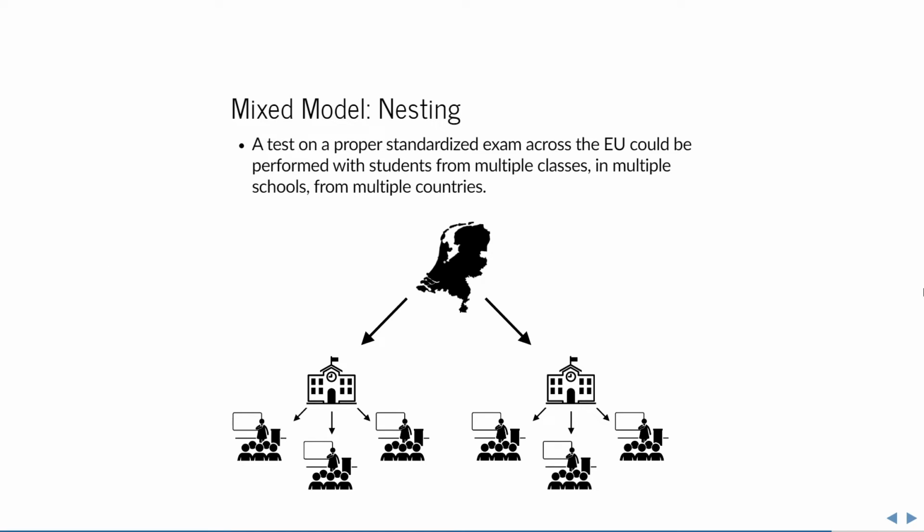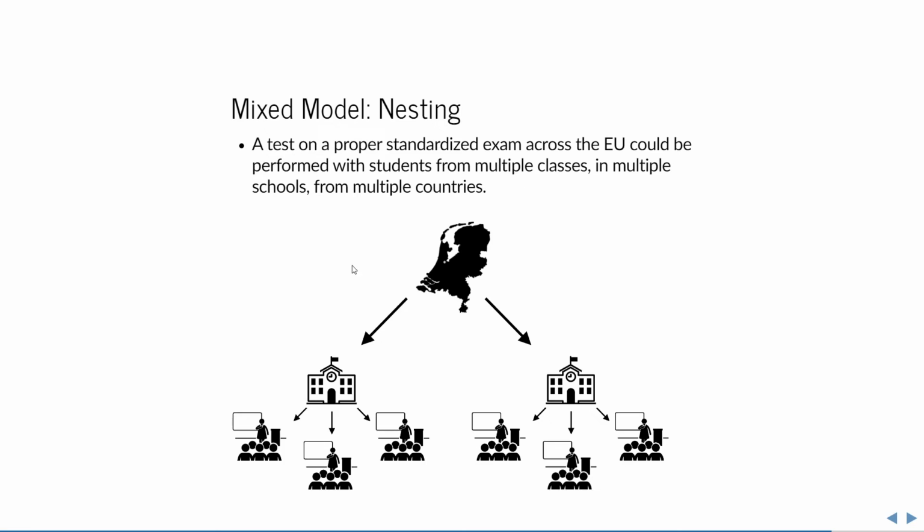Now, one quick sidestep. Of course, you can't randomly draw countries from the European Union because you have to agree to participate in the study. But for the purpose of estimation, you can assume that if you have a reasonable number of countries from Europe, you have a random draw of all the potential members of the European Union, like future, past, whatever. You can treat it as a random effect, even though in reality there is a fixed number of schools in a fixed number of countries.